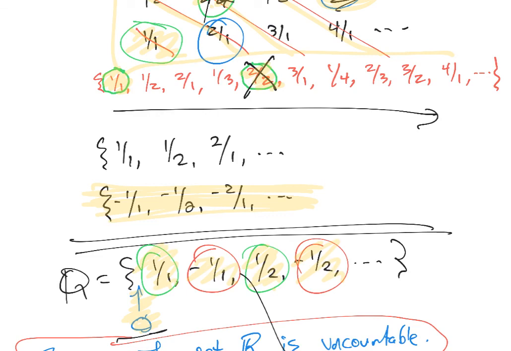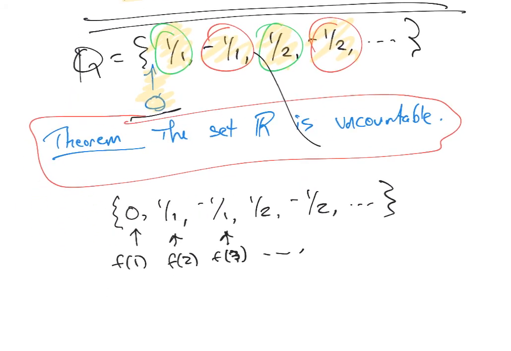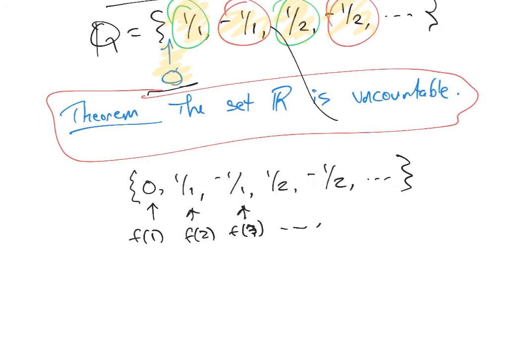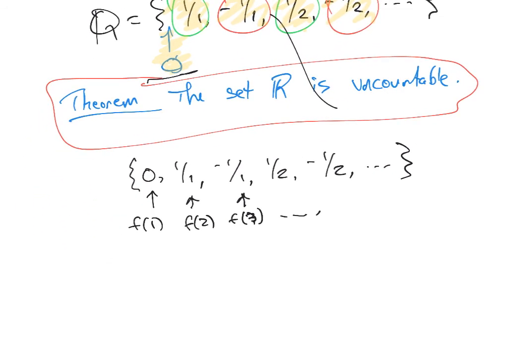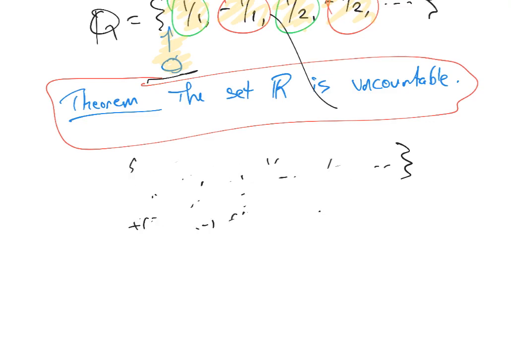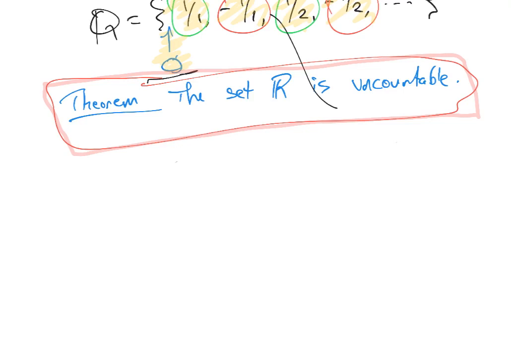Okay? Now, this down here is nothing to worry about. That came up in answer to a question. The main theorem that we did not get a chance to prove in class was that the real numbers are uncountable.